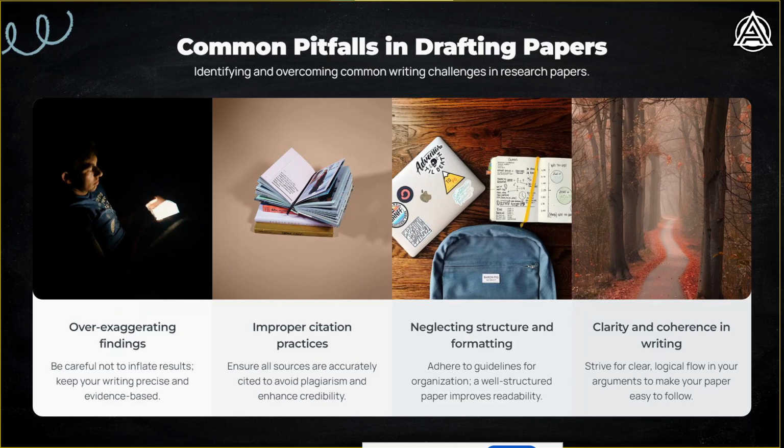The last point is clarity and coherence in writing. Some people add questions in the first sections, then write answers to the same questions towards the end, just mixing up all the information.